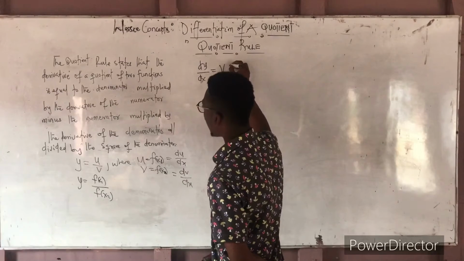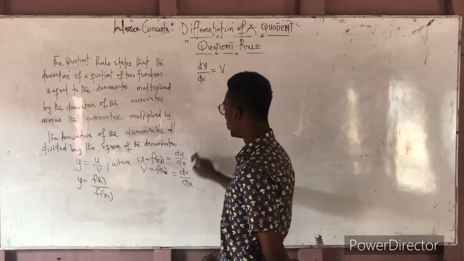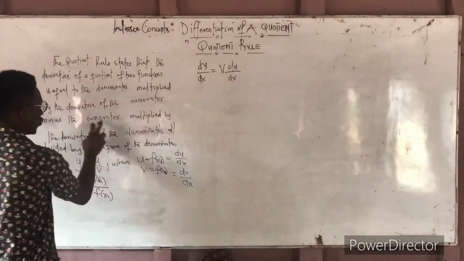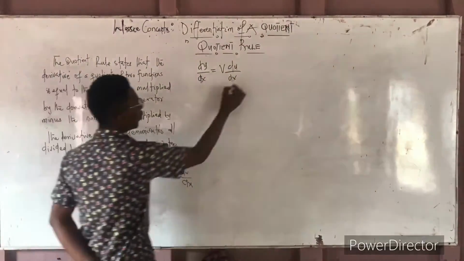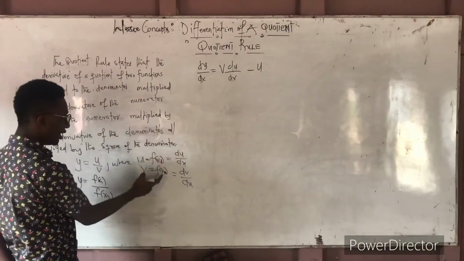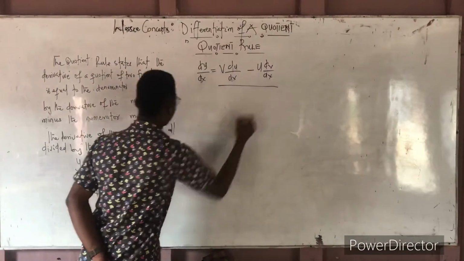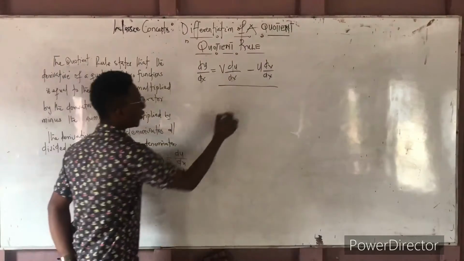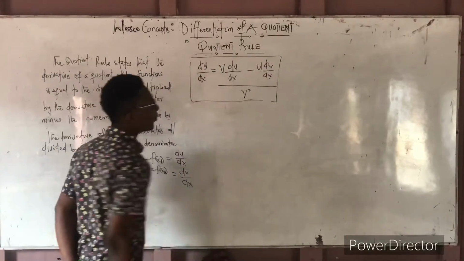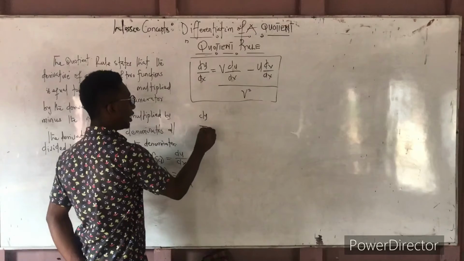So you take v multiplied by the derivative of the numerator, du/dx, minus the numerator u multiplied by the derivative of the denominator, dv/dx, all divided by the square of the denominator, which is v squared. And this is what we refer to as the quotient rule.